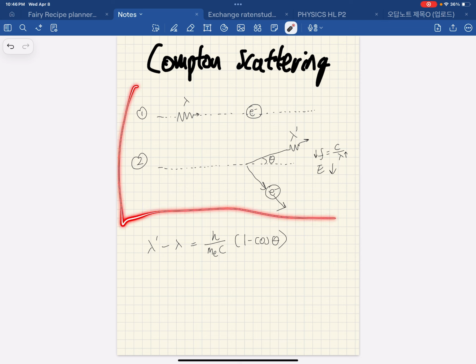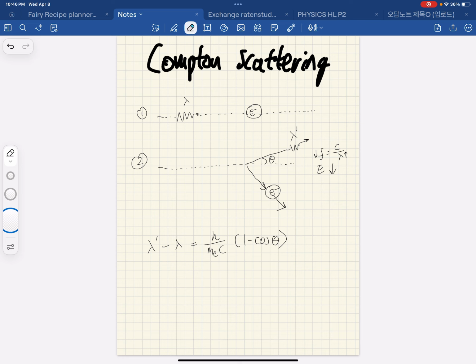Now, what does this diagram look like to you? To me and a lot of other scientists, when they first saw the Compton scattering effect, it looked like a 2D collision diagram of two particles.